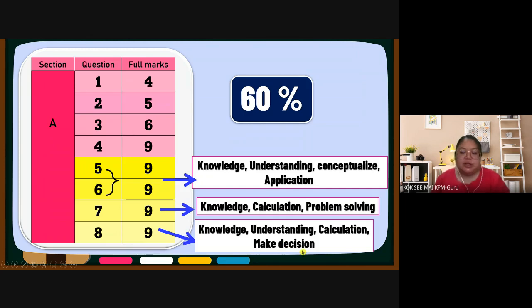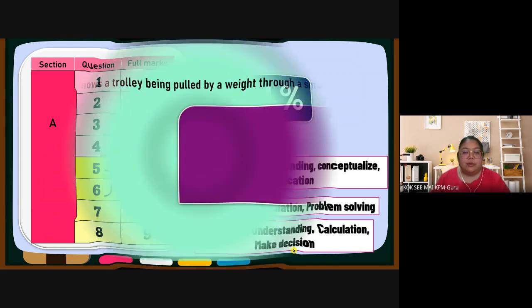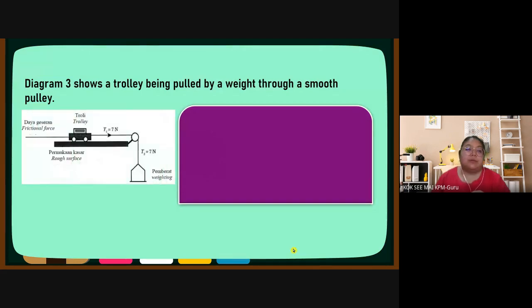make decision，就是我们到最后要选哪一个我要的东西。OK，所以我们就看第5跟第6题的题目。OK，这个是 example。Diagram 3 shows a trolley being pulled by the weight through a smooth pulley.